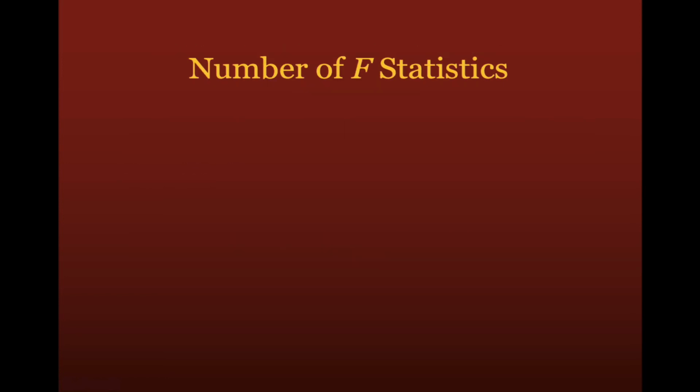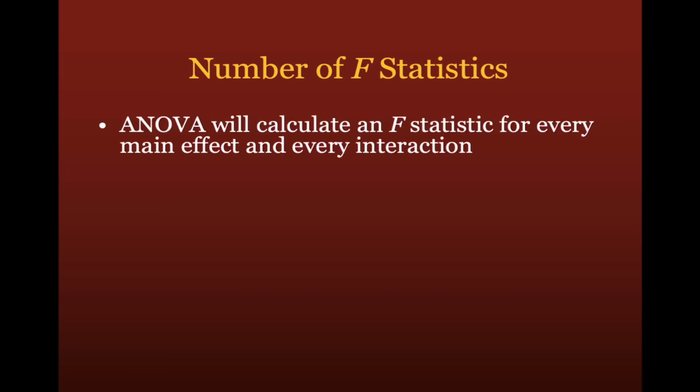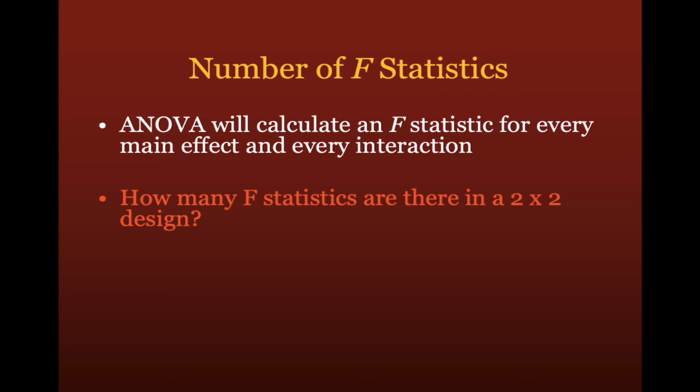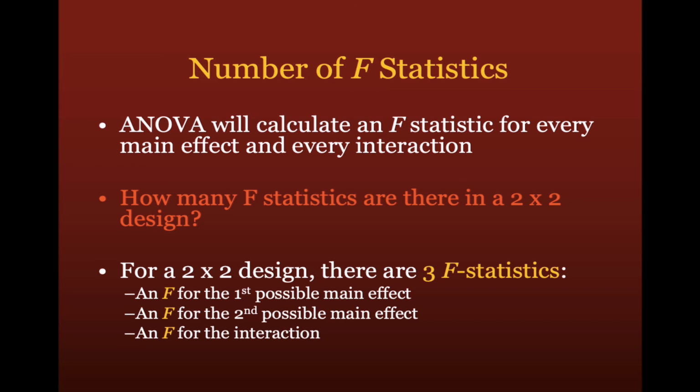All right, so let's quickly talk about the number of F statistics that you can have. So an ANOVA will calculate an F statistic for every main effect and every interaction. Okay. So if we have a 2 by 2 factorial design, how many F statistics will an ANOVA produce? If you think it through, it'll give you 3 F statistics.